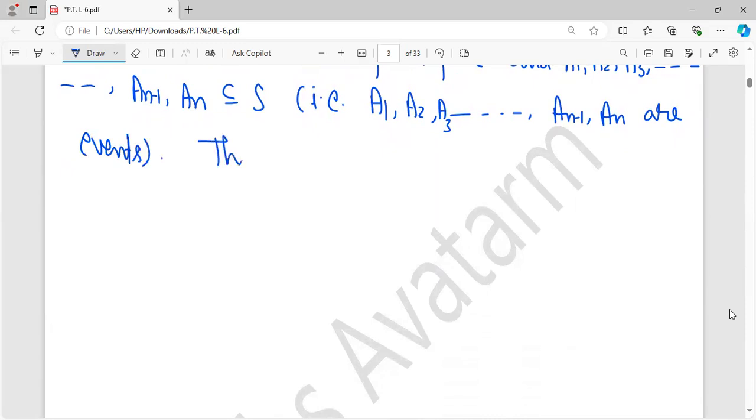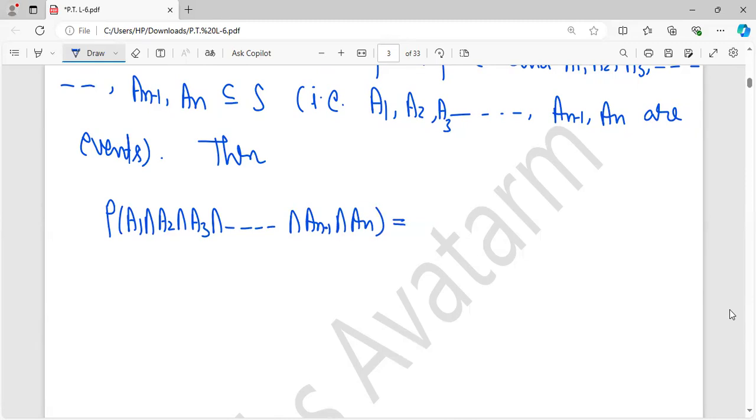Okay. Then probability of A1 intersection A2 intersection A3 intersection up to An minus 1 intersection An is equal to probability of A1 into probability of A2 relative to A1 into probability of A3 relative to A2 intersection A1.